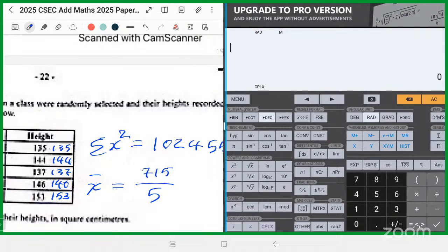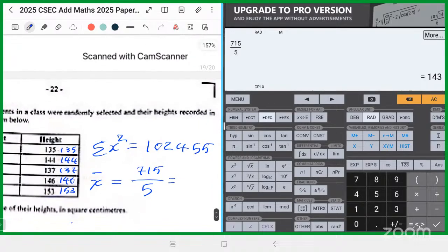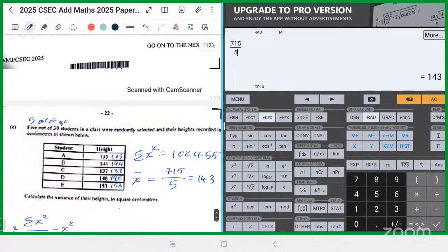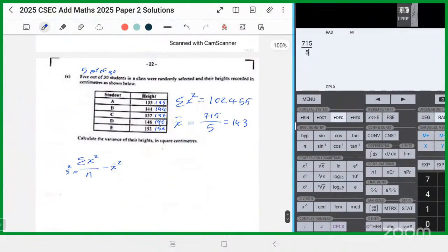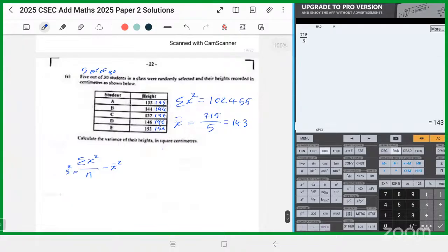We're doing 715 divided by 5. So we have 143. All right, those values coming out nicely. We'll drop these in this formula now, and we will get our answer.